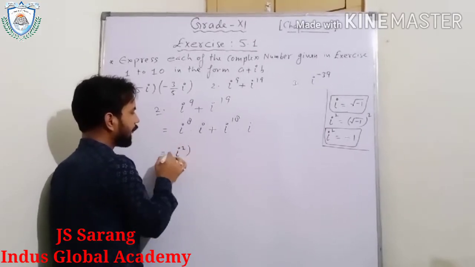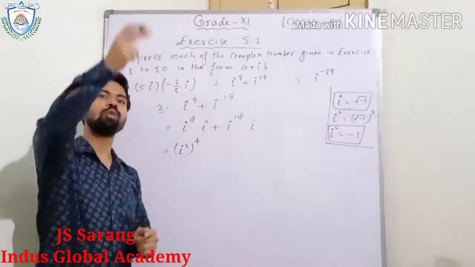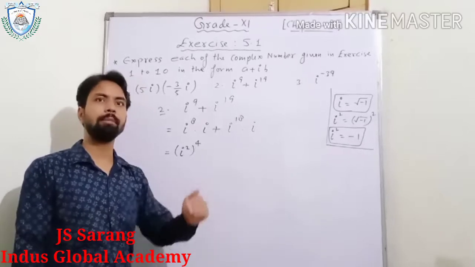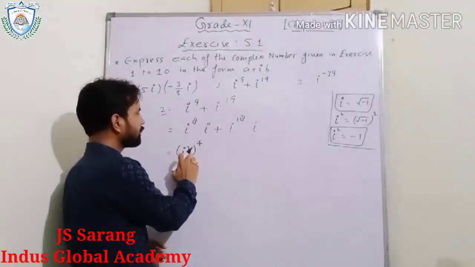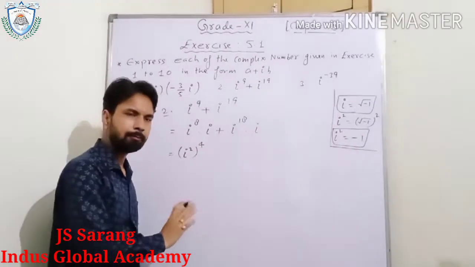Now see, i to the power 8 can be written as i square to the power 4. a to the power m to the power n: this is again the law of exponent. If it is a to the power m to the power n, then the powers will be multiplied. So i square to the power 4, since 2 fours are 8. Hope it is clear.